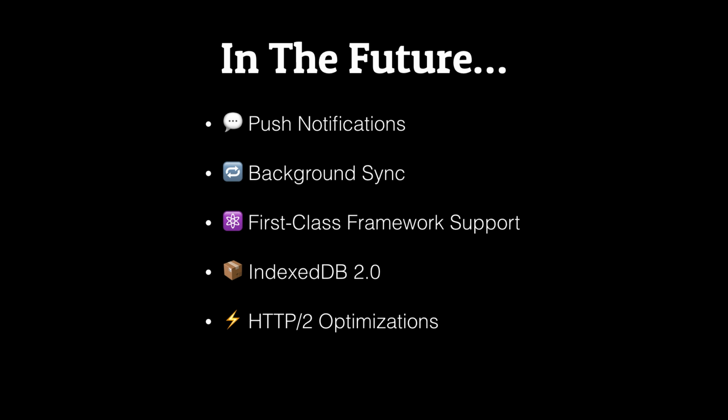IndexedDB has some efforts around something called IndexedDB 2.0, which are enhancements around the indexing features of this database. And finally, HTTP2, when used in combination with any of the things that we've been talking about, promises to add further performance improvements through eliminating the need to do the SSL handshake repeatedly on a per request basis.